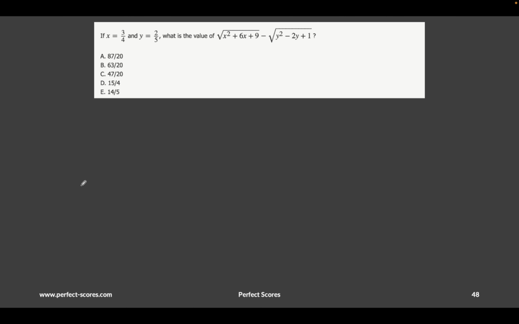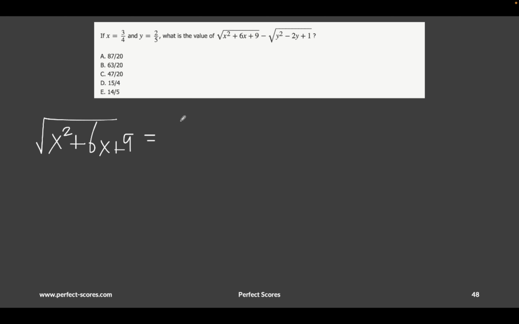So this question says, if x is 3 by 4 and y is 2 by 5, what is the value of this expression? Now, I'm assuming there's a trick here. What does it look like?